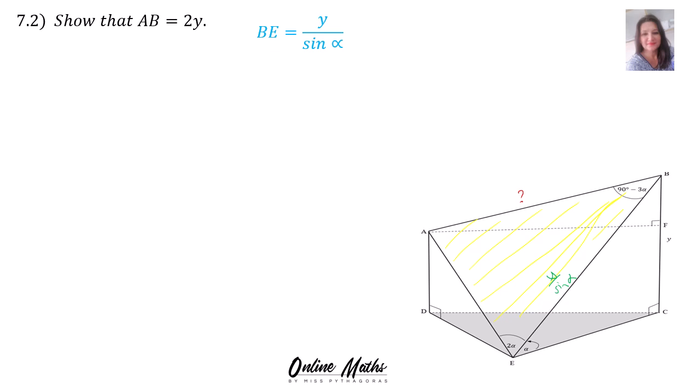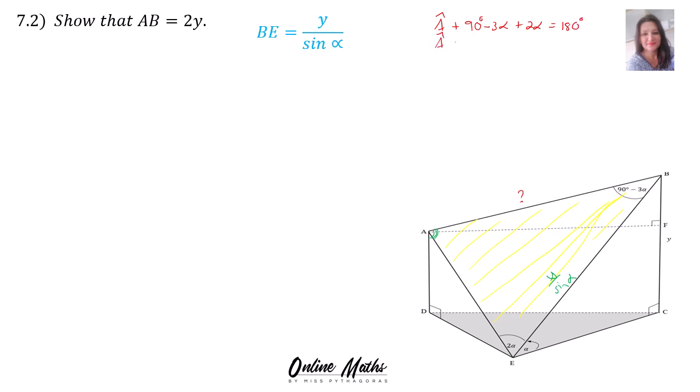And now let's calculate this angle at A. So it works like this. I'm going to do it here. Let me do it in red rather. Okay. Angle A plus B, which is 90 minus 3 alpha, plus E, which is 2 alpha, they all add up to 180 degrees.